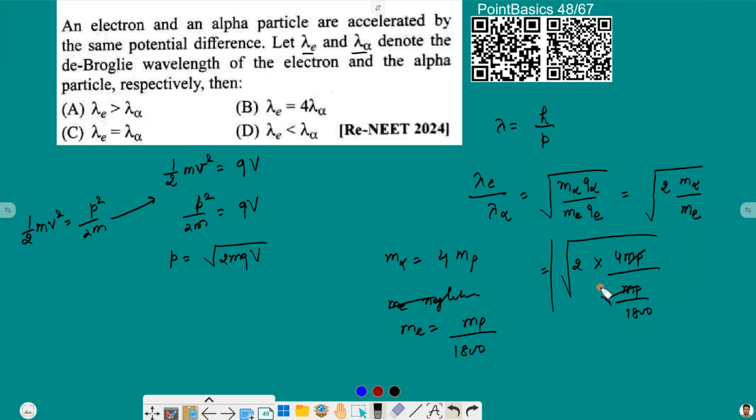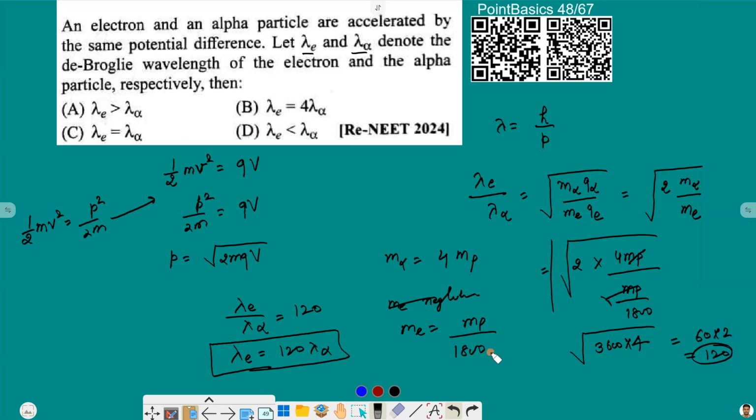Now mp gets cancelled, so I will get 3600 into 4, and if I take the under root, this will be 60 into 2, basically 120. So λ electron by λ alpha is equal to 120, or λ of electron is 120 times λ alpha. This is my approximation, meaning the actual answer will be slightly higher because it is, I think, 1868 times.